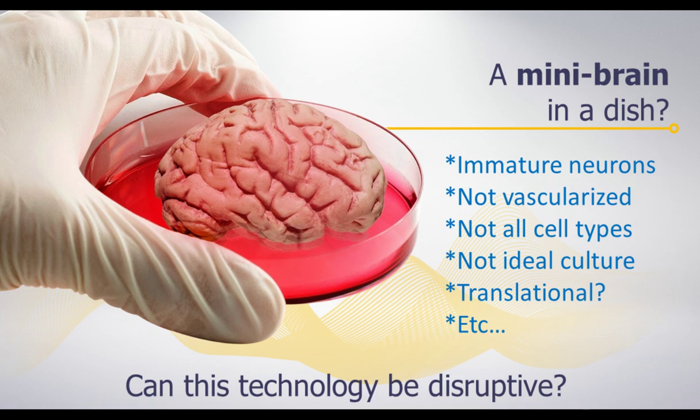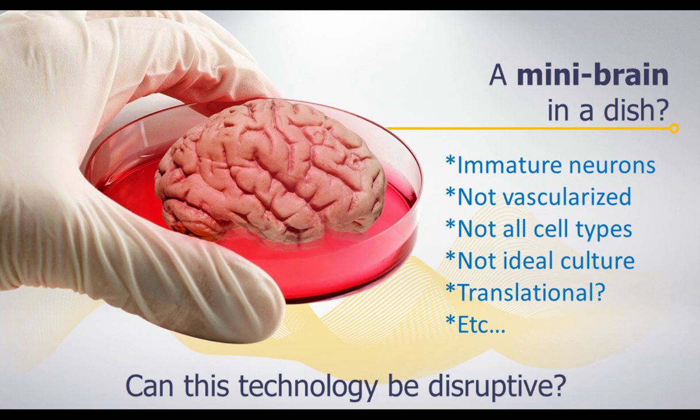For example, they are highly immature neurons. They are not vascularized. Not all cell types are represented. For example, microglia, which have a different embryonic origin, have to be transplanted back in some of the protocols. Even the ideal culture condition has been empirically defined, so there is no optimization of the media and factors.